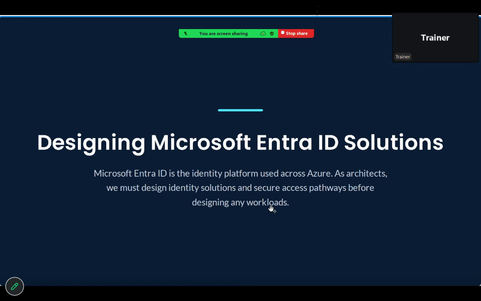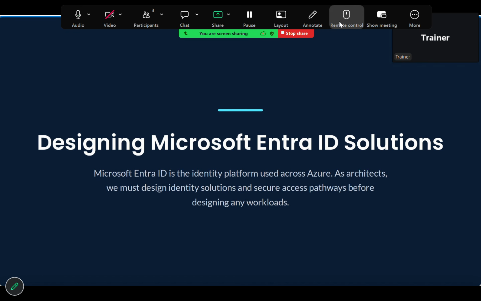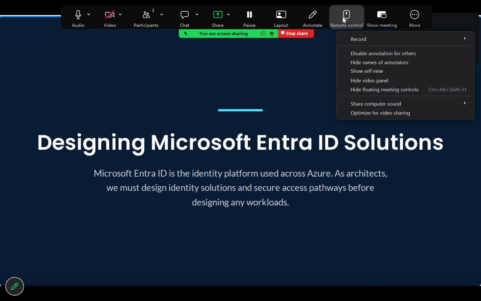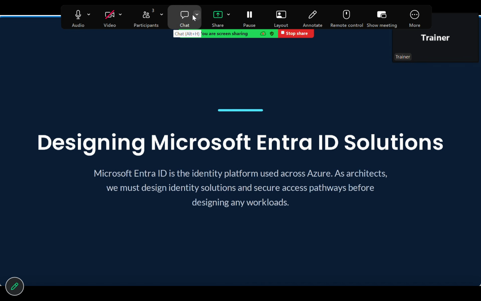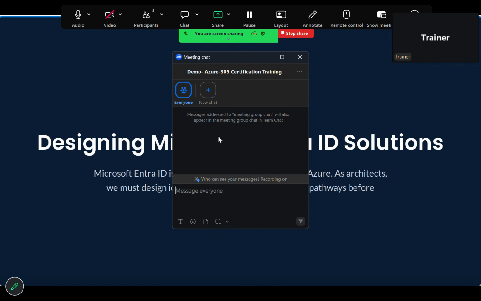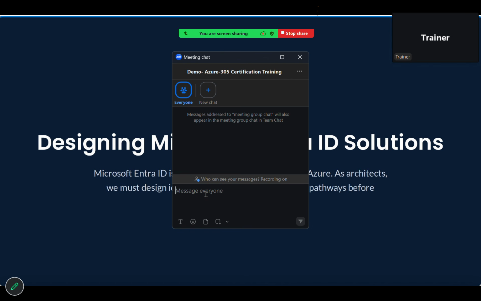So there are the components of Entra ID. Let me write here in chat so you have access.